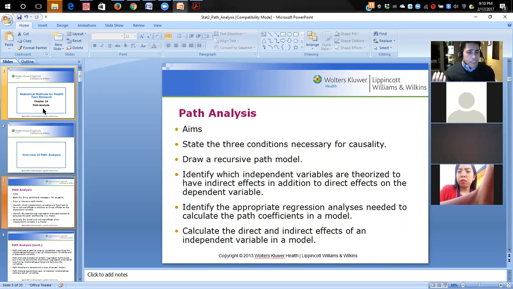In my mind, the way I simplify this is that once you have created your theorized path of the cause and effect, you cannot put another variable on the dependent variable to have a relationship, because that becomes circular.